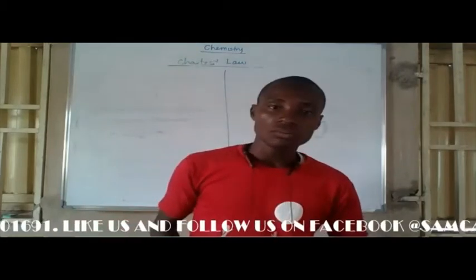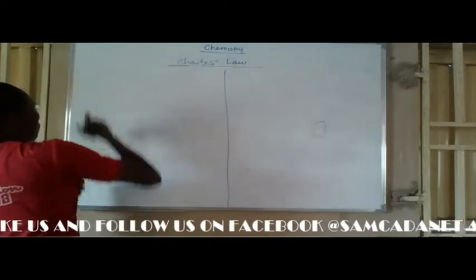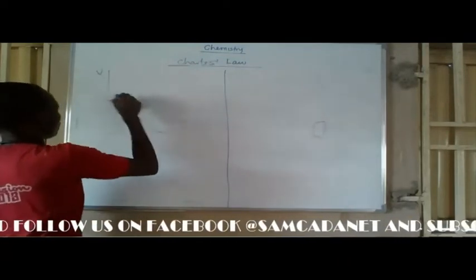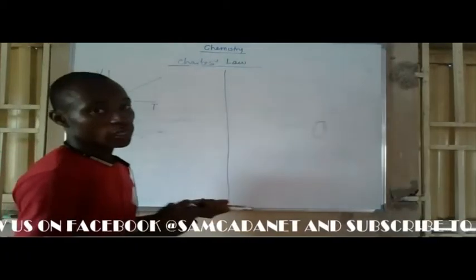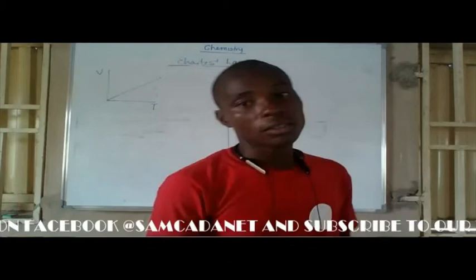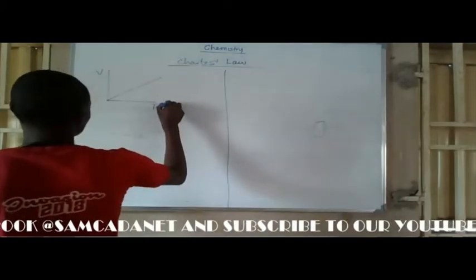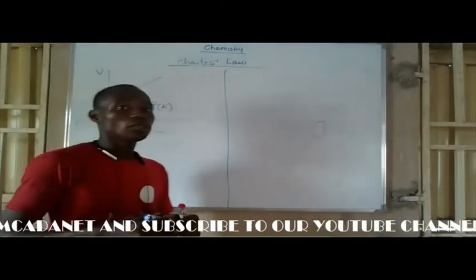So if you do the plot of Charles' law, a volume versus temperature graph, you're going to get a straight line that goes in that particular format. That is if you're plotting volume versus absolute temperature in Kelvin.